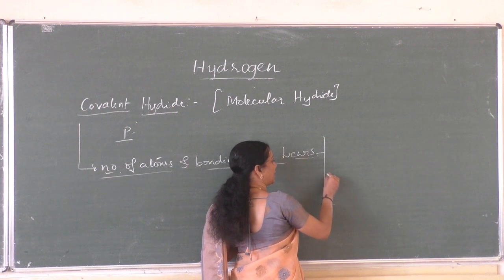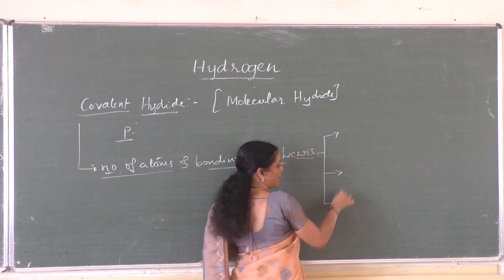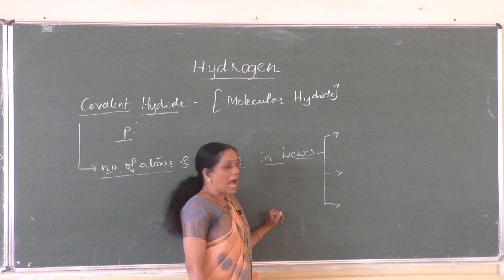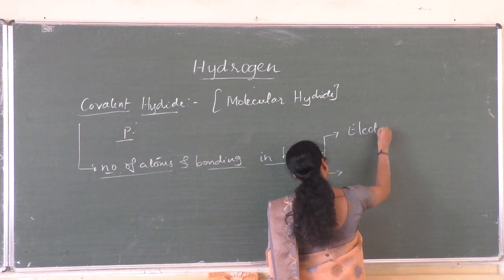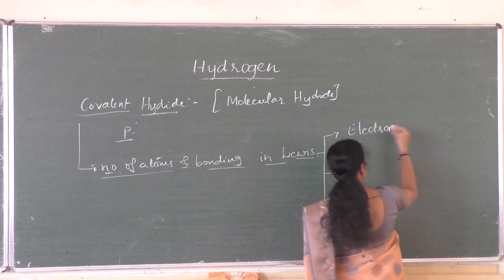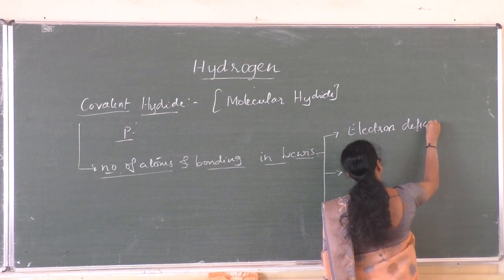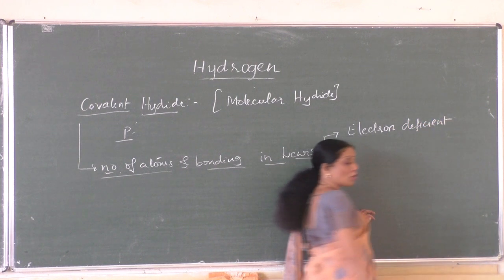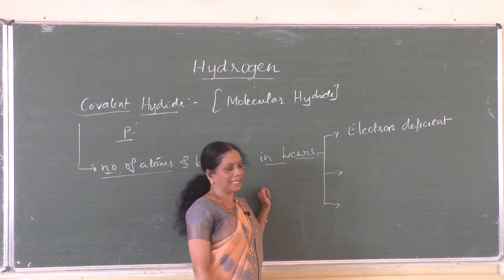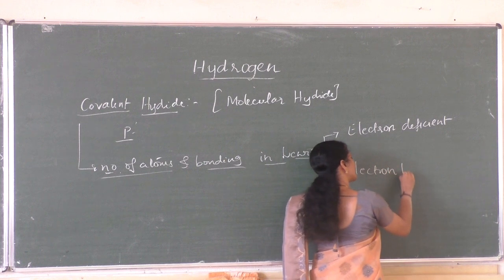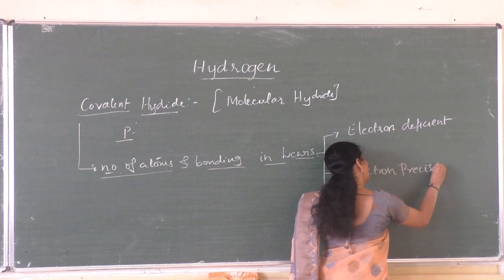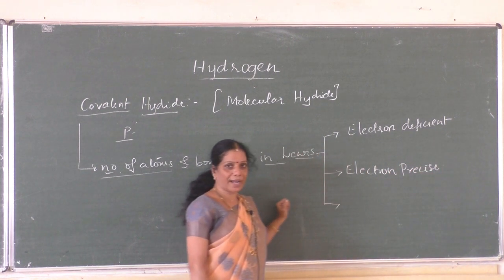There are 3 different types of covalent hydrides based on the Lewis structure. First type is called an electron deficient covalent hydride. Second type is called an electron precise covalent hydride.